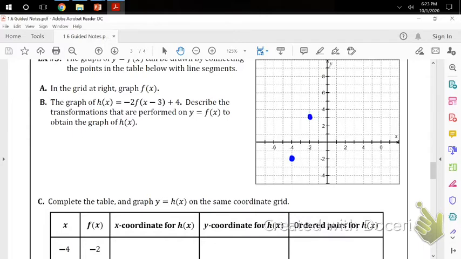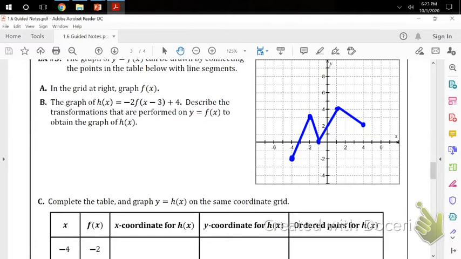We have negative 1, 0, 1, 4, and 4, 2. And so we're going to connect those points in that order. So there's my original one, okay?